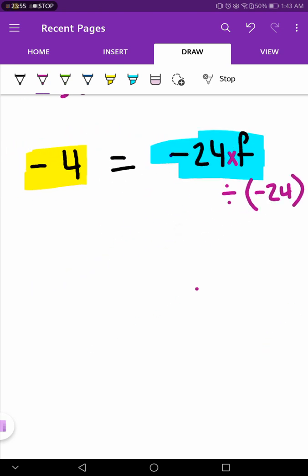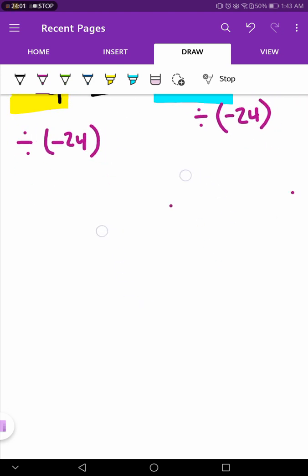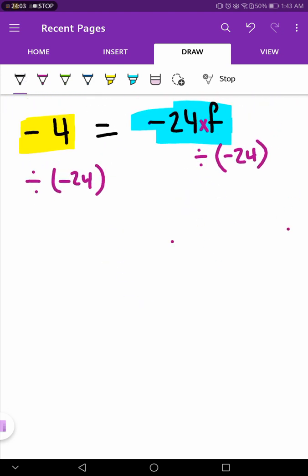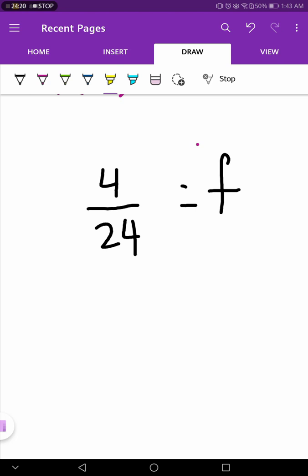Okay, and here also divide by negative 24. Now the f comes down, waiting what happened here. Negative divided by negative, eliminate or ignore the minus sign, so it is 4 over 24. Don't stop here because this fraction can be simplified or written in simplest form.